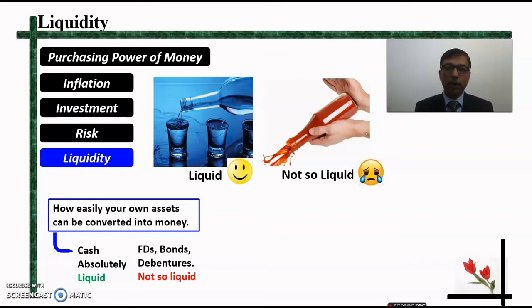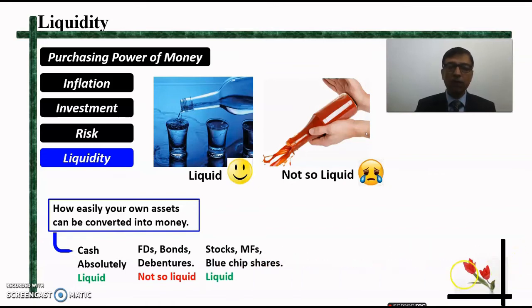And therefore, if you require that money before that maturity period in an hour of urgency, then that money may not be easily available to you. You may have to go through a process to liquidate that asset and convert it into cash. And maybe you may be required to pay some fine or penalty for premature withdrawal. Therefore, such instruments are not considered very liquid.